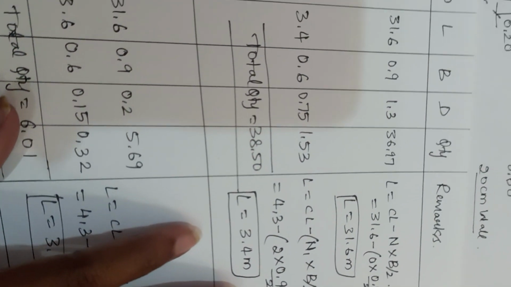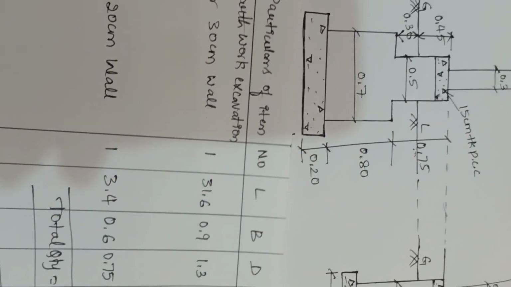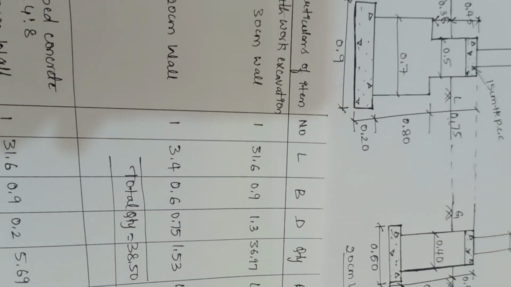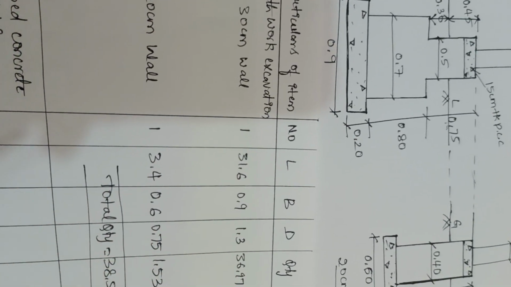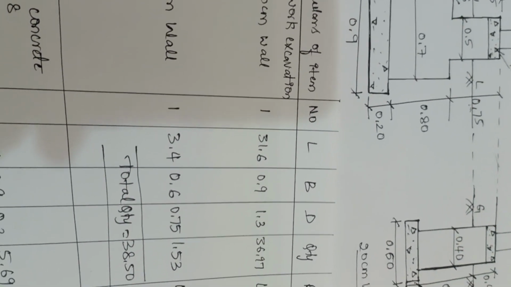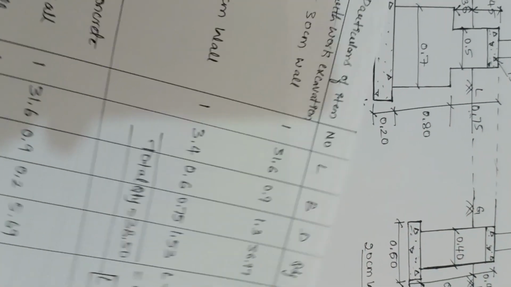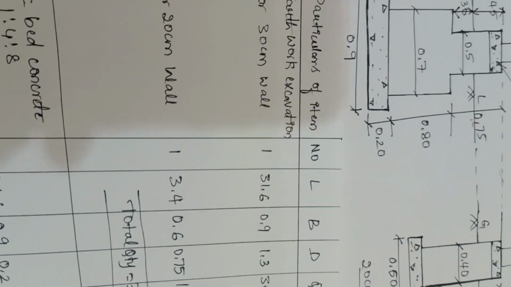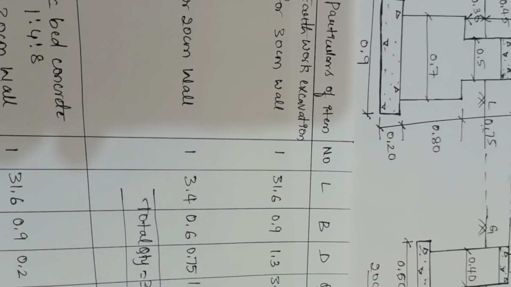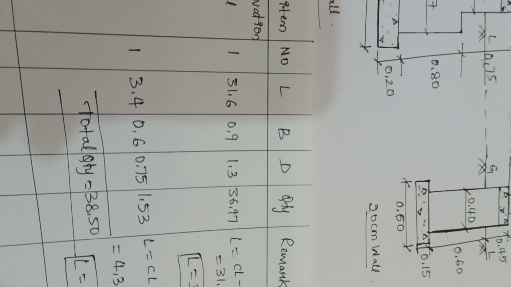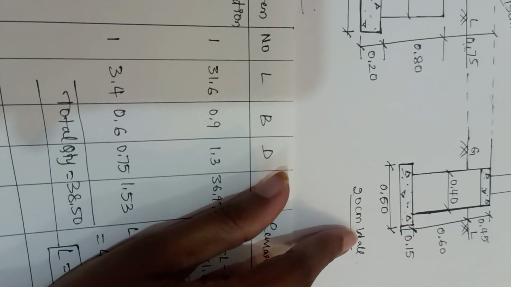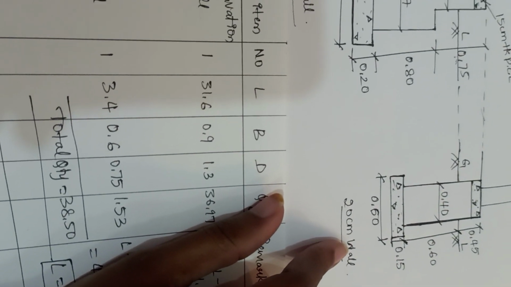Here, as you are having 2 different foundation details for the earthwork excavation, whenever you need to excavate the earth from the ground, the earthwork or the excavation part will be first carried out for the 30 centimeter wall. Later onwards, the 20 centimeter wall earthwork excavation will be carried out.